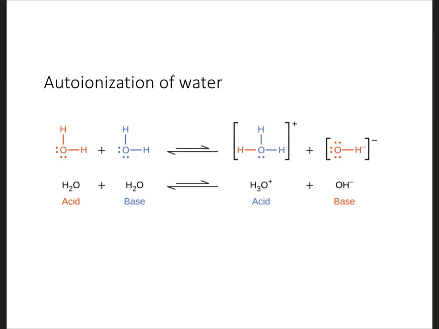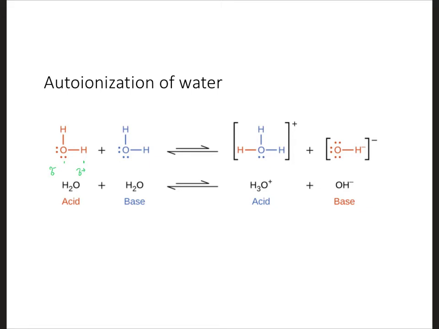We have this molecule, H2O, which has lone pairs of electrons, and it has these protons on there, so we have this partially negative side and this partially positive side. It's that partially positive acidic proton that is able to leave, and it's this partially negative side with the lone pairs on it that is able to accept a proton.